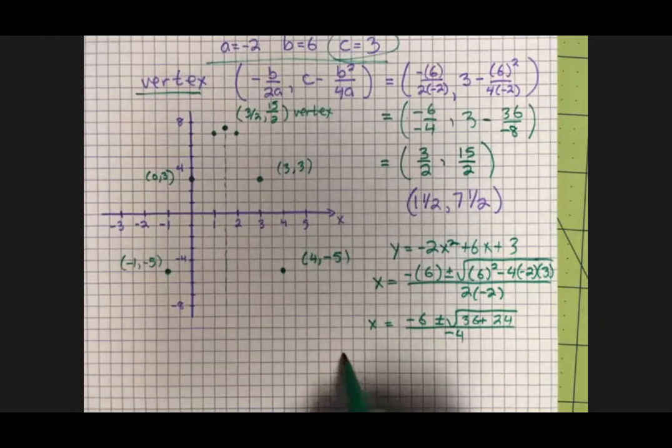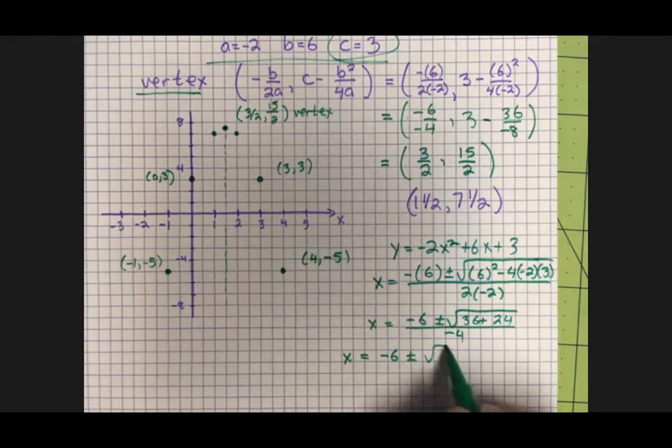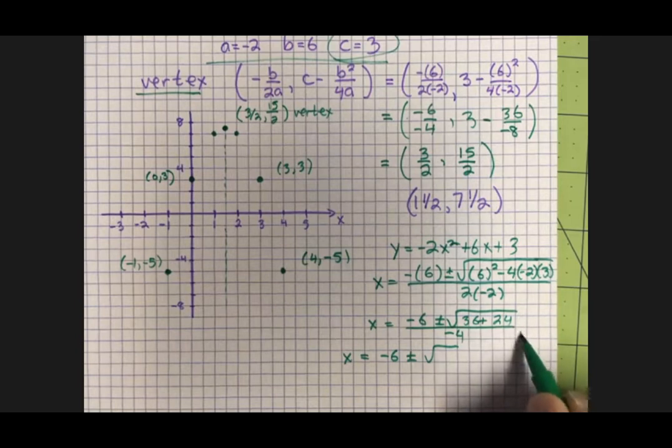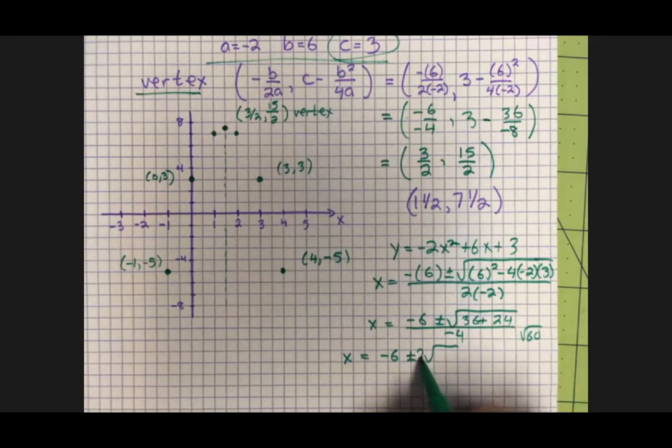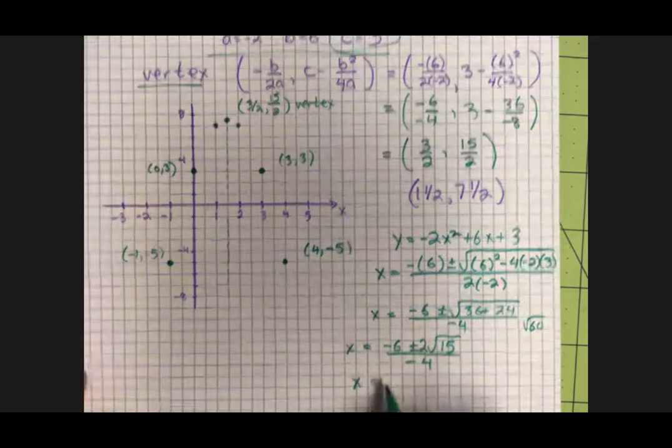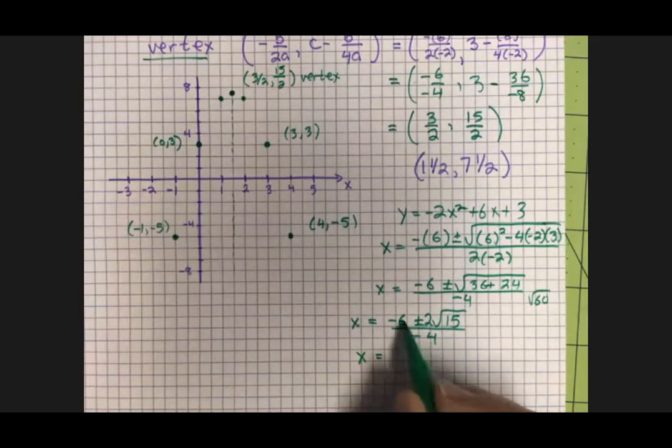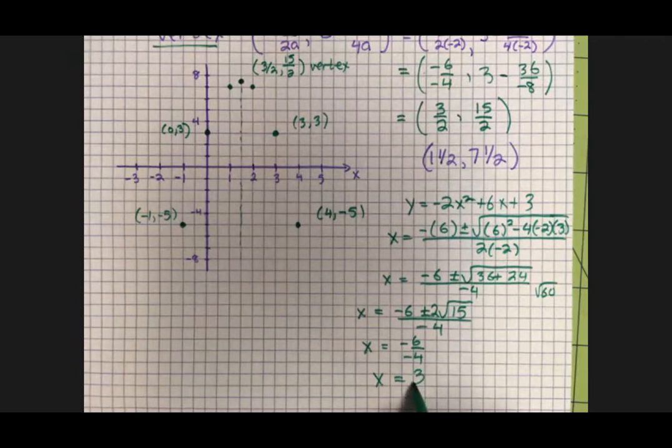So now this is 60 under here, divided by minus 4. Let me slide this up. X is minus 6 plus or minus the square root of 60. The square root of 60 has got a perfect square. It's got a what? 4 times 15. So this would be 2 root 15 over minus 4. And if I cancel out, negative 6 divided by minus 4 is 3/2.